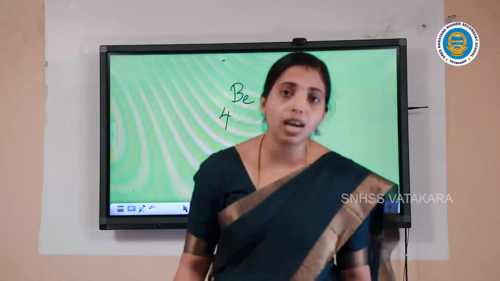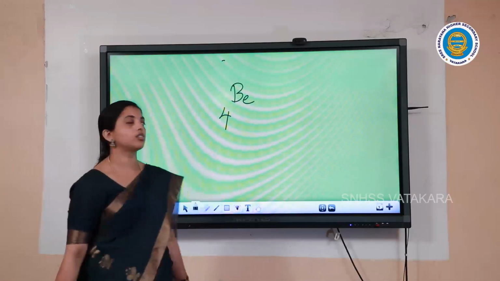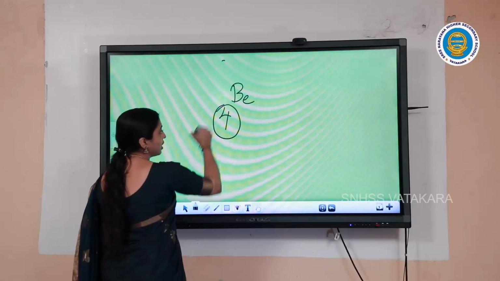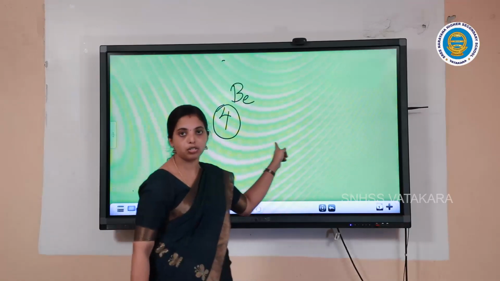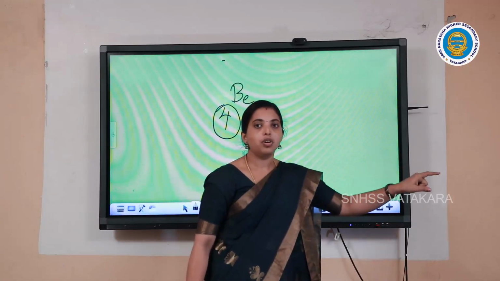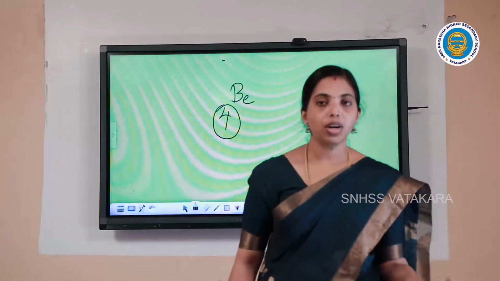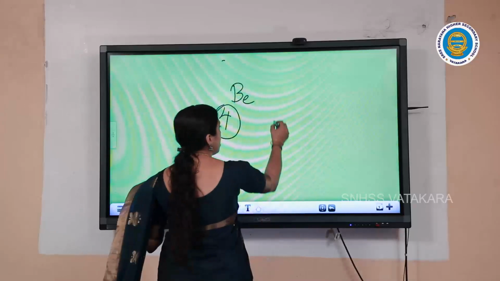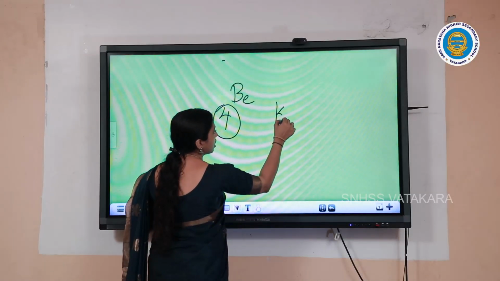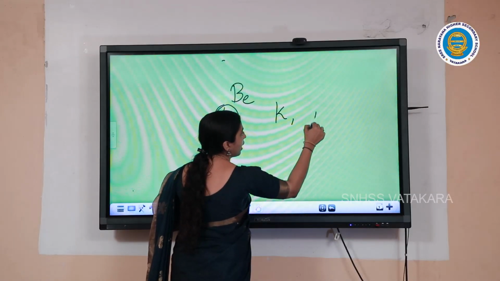How many electrons are there in this beryllium atom? 4 electrons. This means it contains 4 electrons. So what about the electronic configuration? That means how many electrons are there in K shell and L shell?